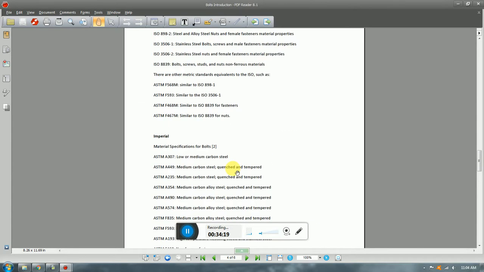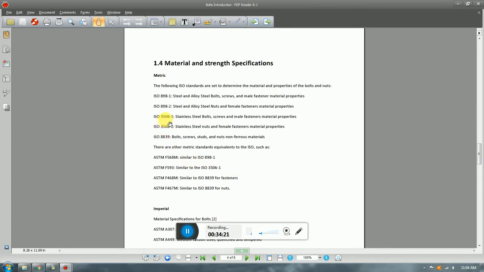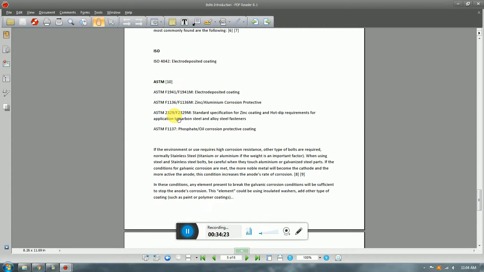We were talking about them, remember, 3506-1. You're going to get different types. Some of them, like the austenitic ones, are really good against corrosion. You can also get aluminum or titanium if weight is an important factor.